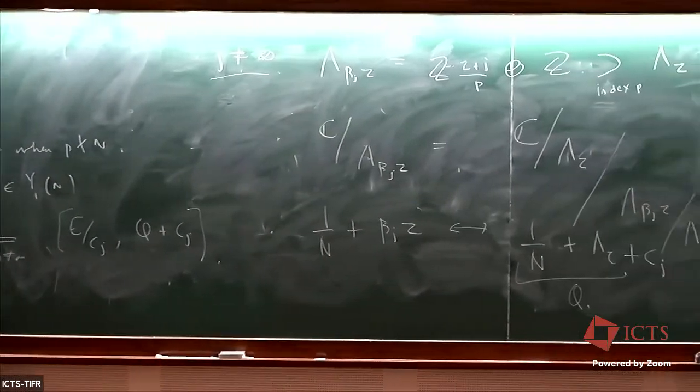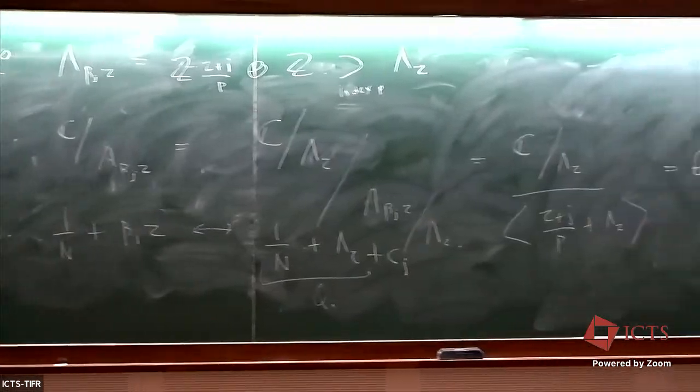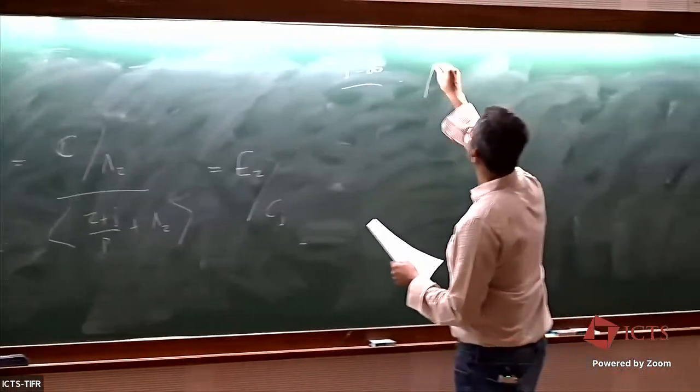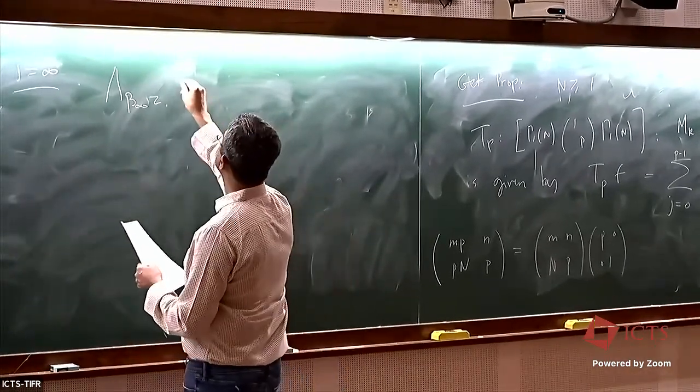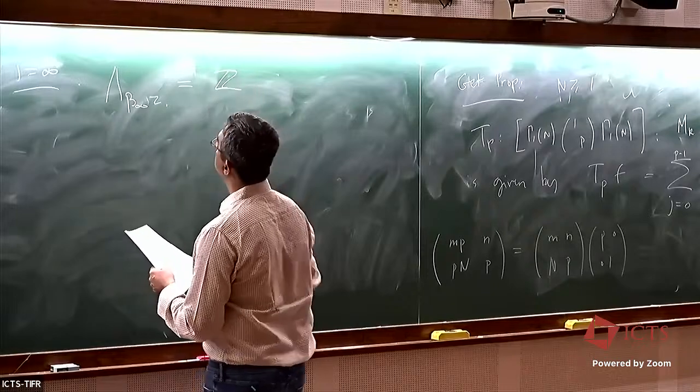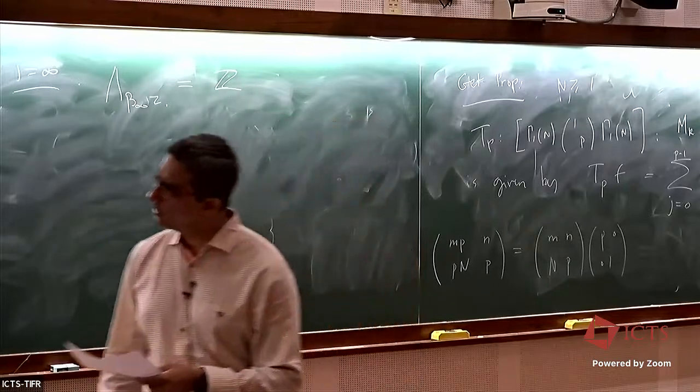What about the other case? What if j is equal to infinity? This one's a little trickier, so let's do it. So lambda beta_infinity tau. What is this? It is Z times beta_infinity acting on tau, plus Z. We computed beta infinity earlier. Did I erase it? I shouldn't have.